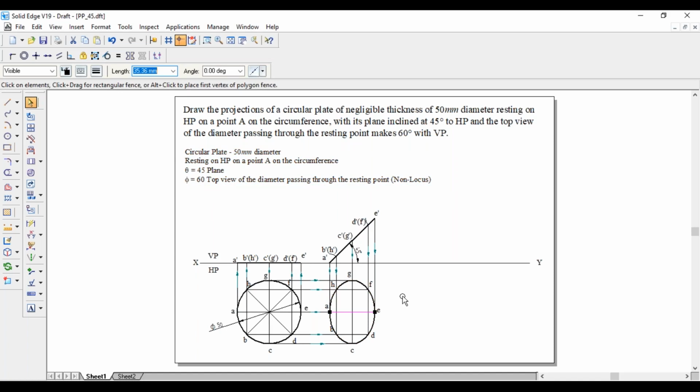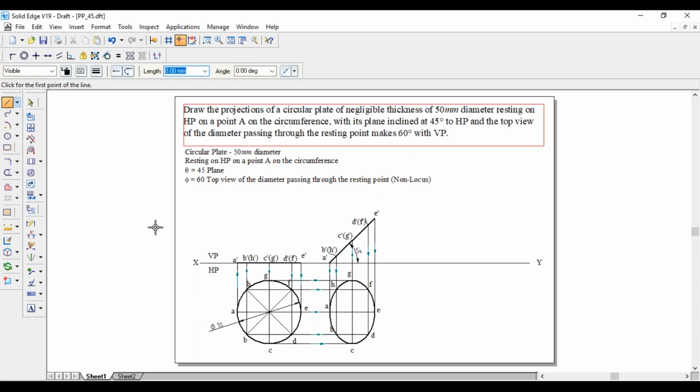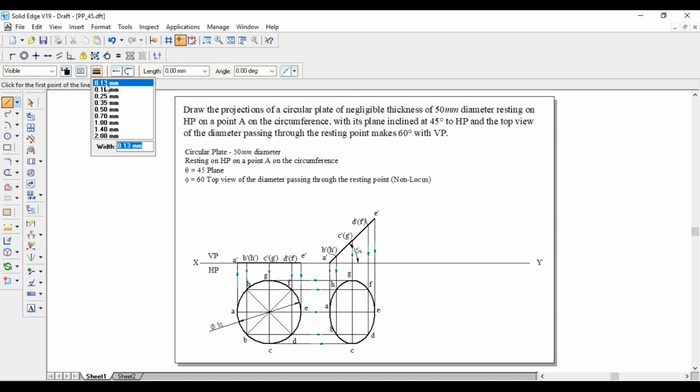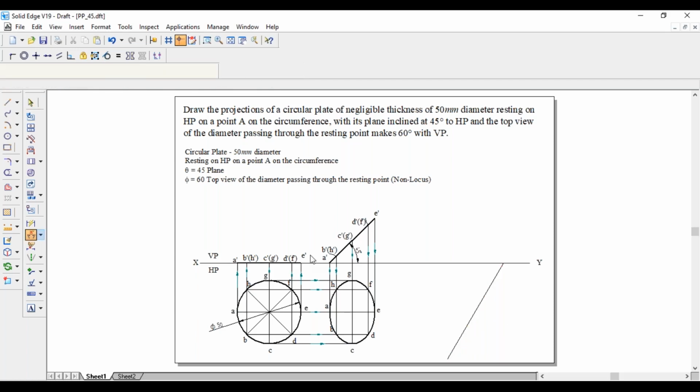So this is a non-locus problem. First draw a 60 degree line. So this angle should be 60 degrees.